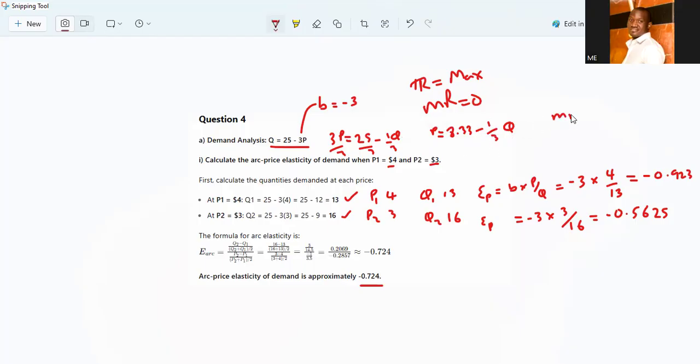Marginal revenue is equal to 8.33 minus 2 over 3 Q. That's a shortcut. Then when you get this to 0, this one will come this side. So when you have 2 over 3 Q, go to 8.33.